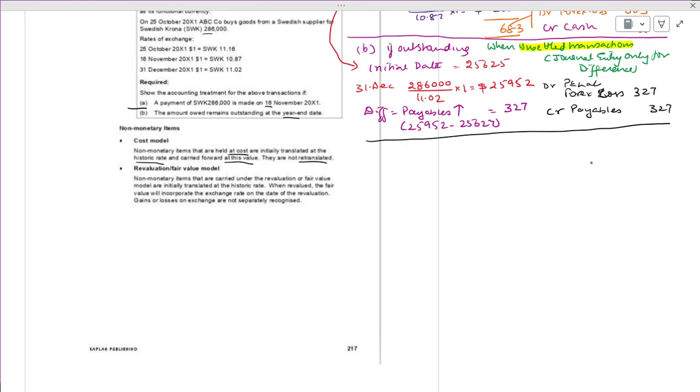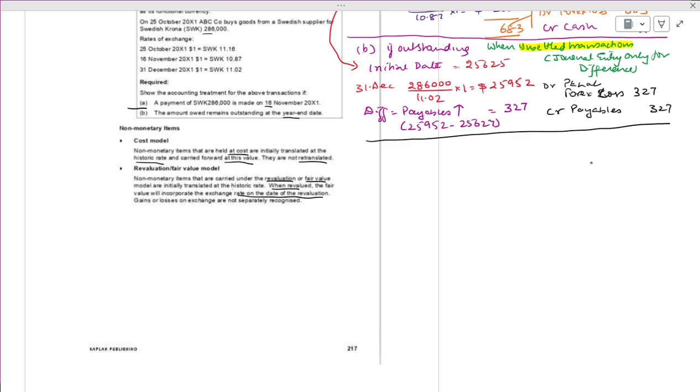But if they are carried at revaluation, the fair value will incorporate the exchange rate. Whenever there is a revaluation, the rate on the date of revaluation applies. If there is no revaluation, it does not.